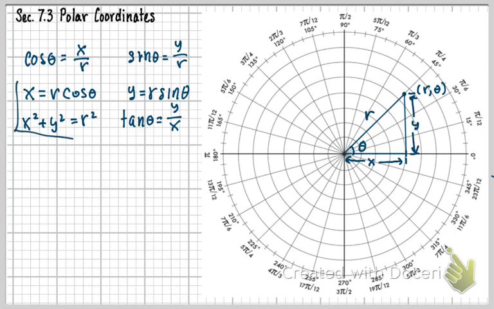These are actually the four equations that we use when we talk about polar coordinates, because in some cases we're converting back and forth from polar coordinates to rectangular coordinates. Rectangular coordinates are just x's and y's. Polar coordinates are r's and thetas. This is really the core of it all. From there, we'll be able to do a bunch of different types of problems using those equations and also the graphing that we did just a few minutes ago.